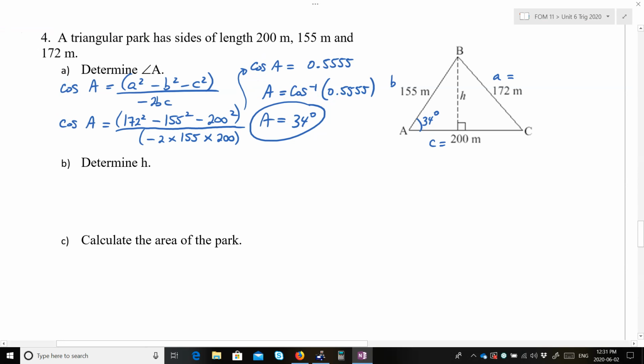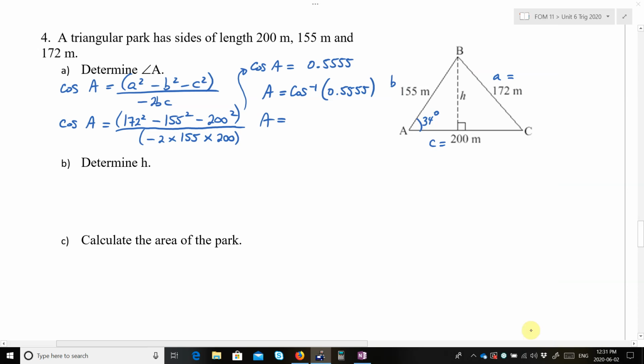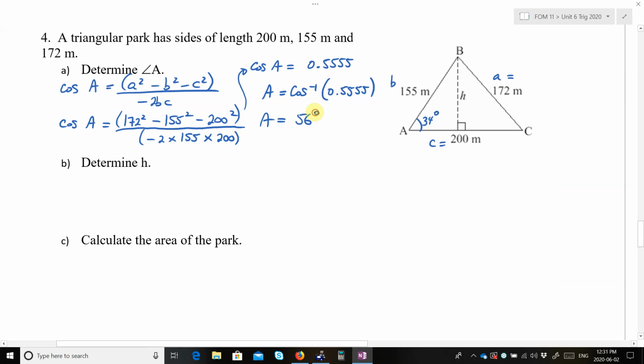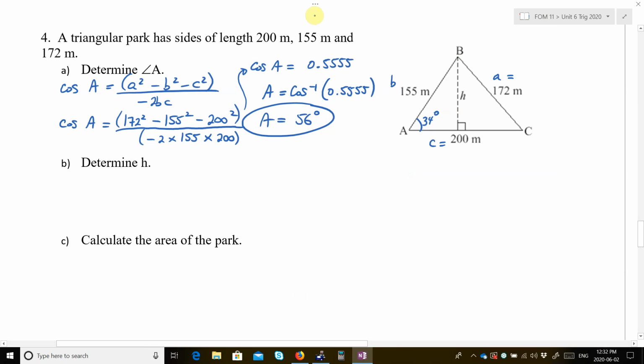So then this will be cos inverse of 0.5555, and we get 56 degrees. Okay, and that looks good with the answer key. There we go. 56 degrees.